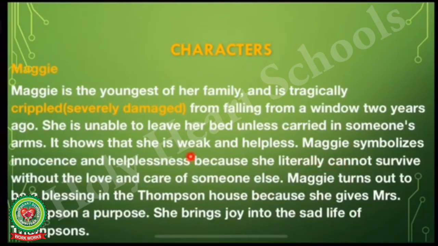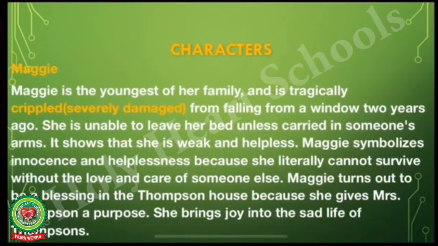Maggie symbolizes innocence and helplessness because she literally cannot survive without the love and care of someone else. Maggie turns out to be a blessing in the Thompson house because she gives Mrs. Thompson a purpose. She brings joy into the sad life of the Thompsons. Students, Maggie is the youngest of 3 children of her mother, who dies of excessive drinking, right?